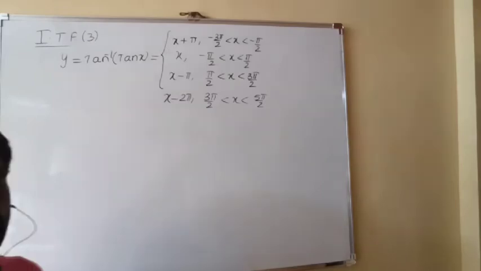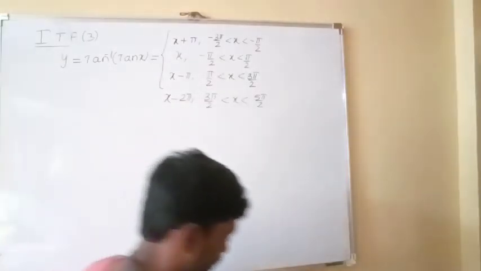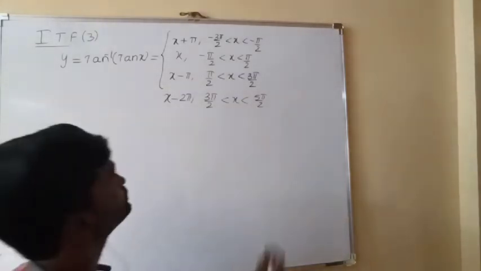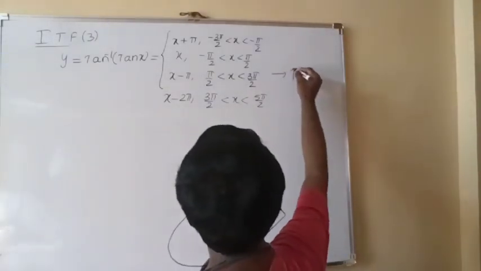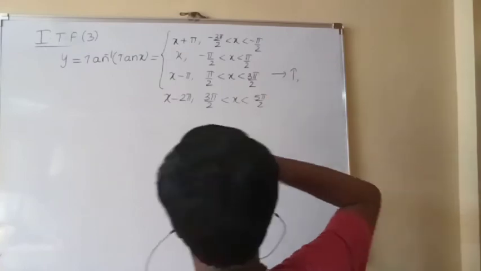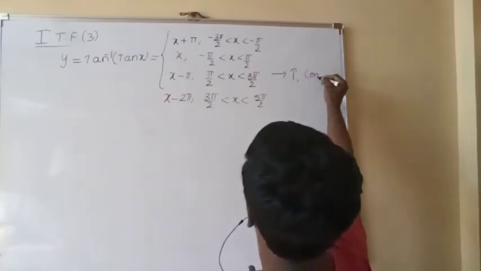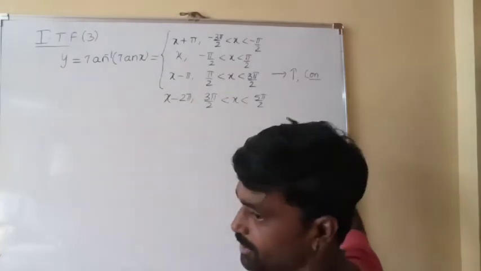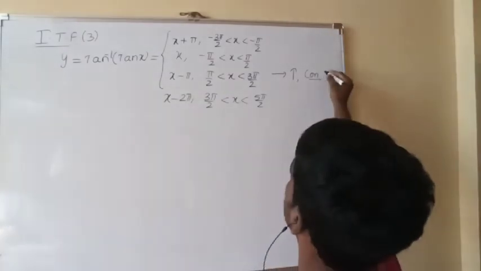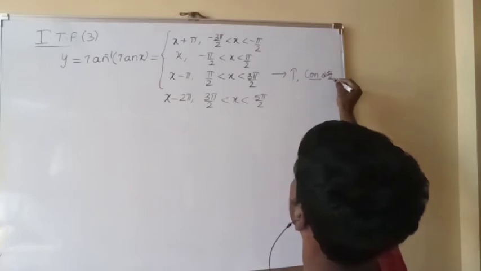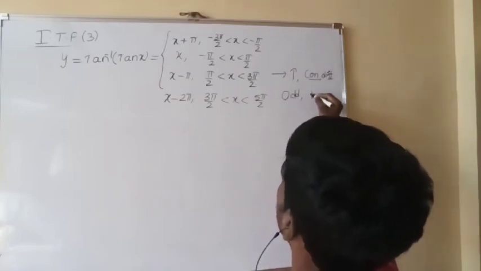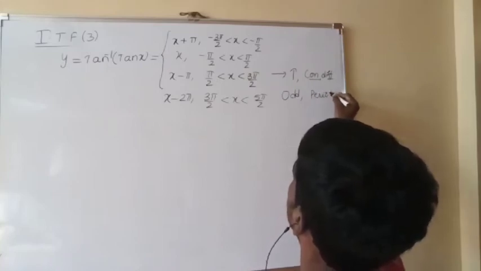So this is how we get the tan inverse of tan x graph. This function is increasing, continuous in its domain, and differentiable in its domain, but this function is an odd function. And what is the period? Pi.